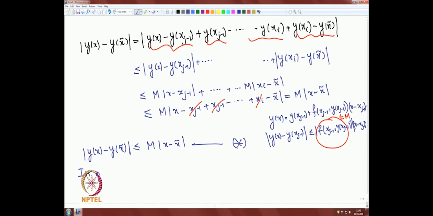So, in particular, let x tilde be equal to x0, the first initial point. Then we have the absolute value of y of x minus y of x0 is less than or equal to m times x minus x0.